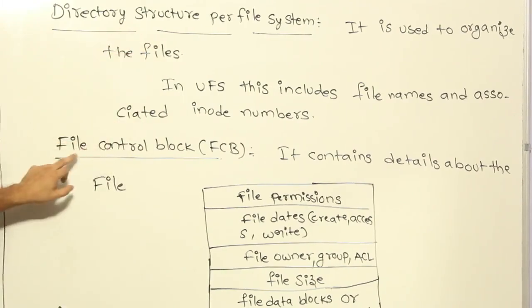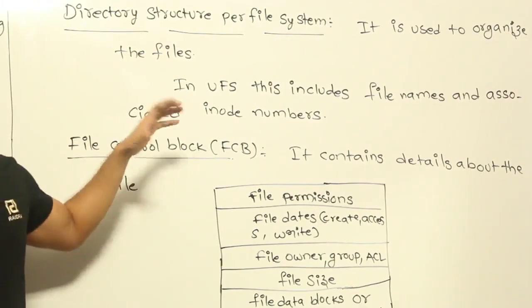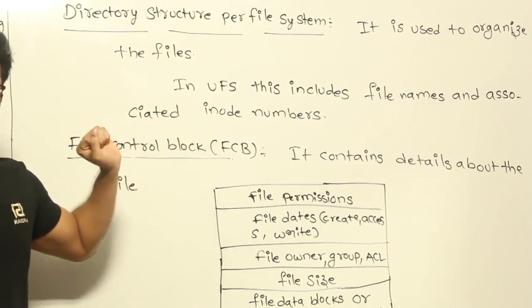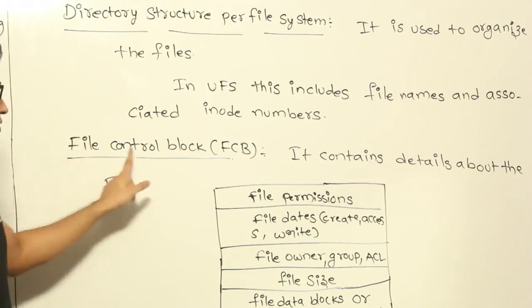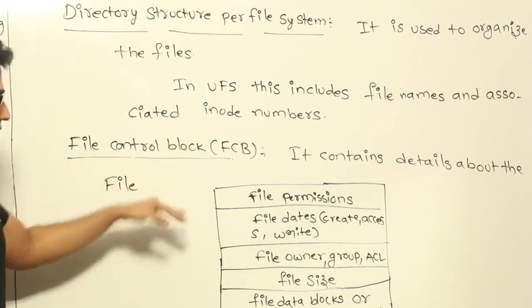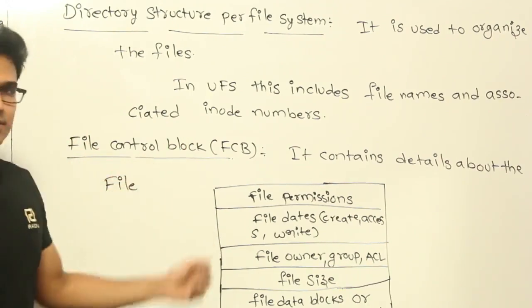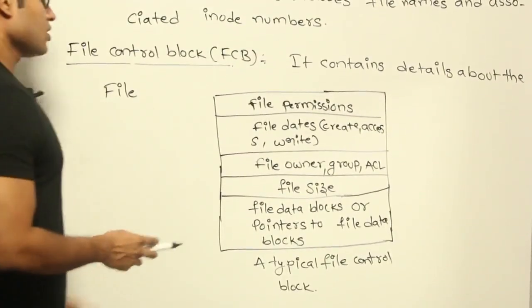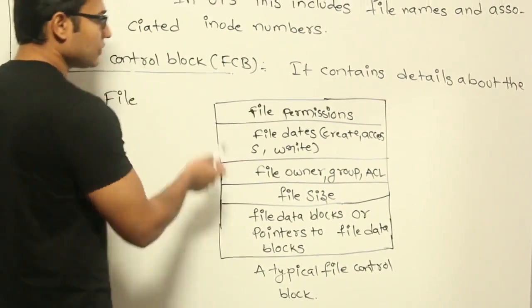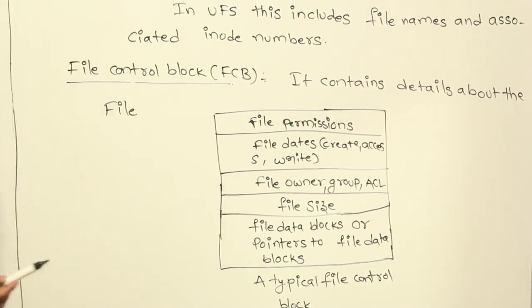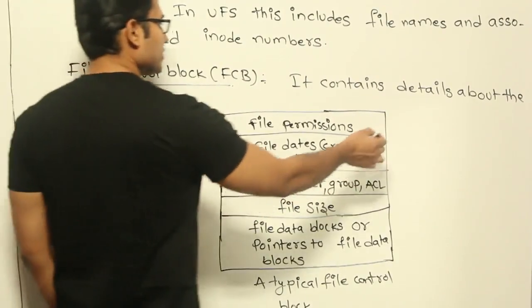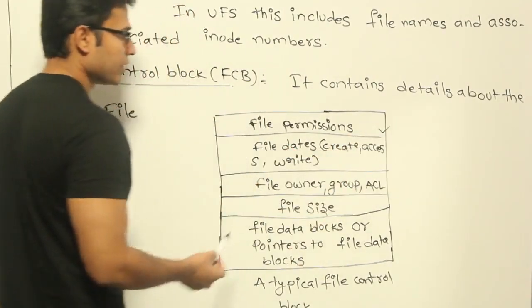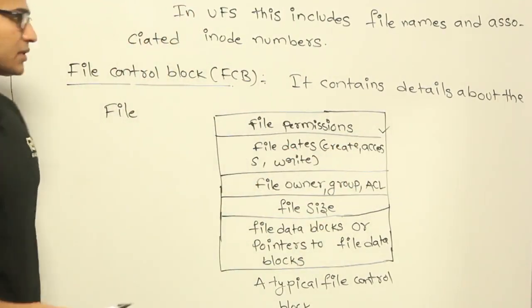And the next one is called the file control block. It is going to give you all the details regarding a file. So for every file you are going to have a file control block, and in it you are going to have all these details present, right? So what are all the details? For every file you are going to maintain this. Now, what are the file permissions? File permissions means who can read, who can write, who can execute, all those things.